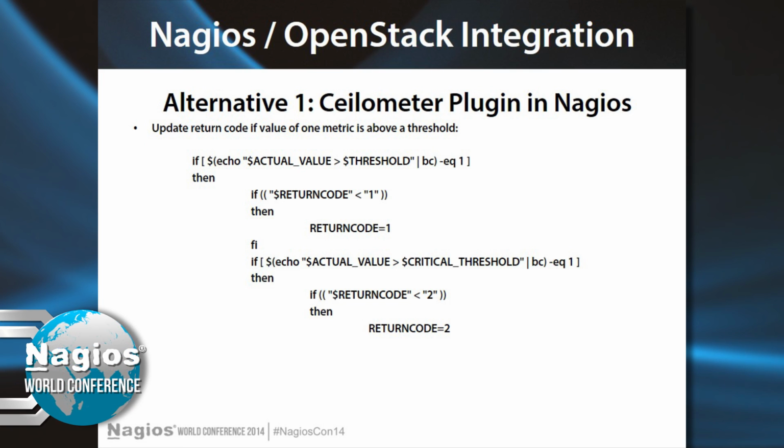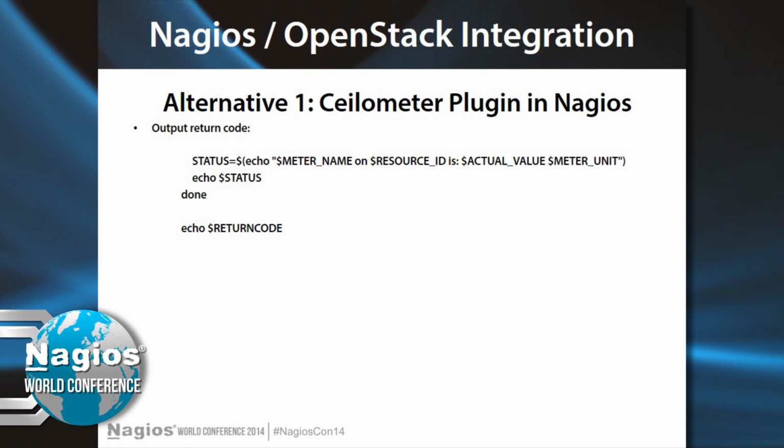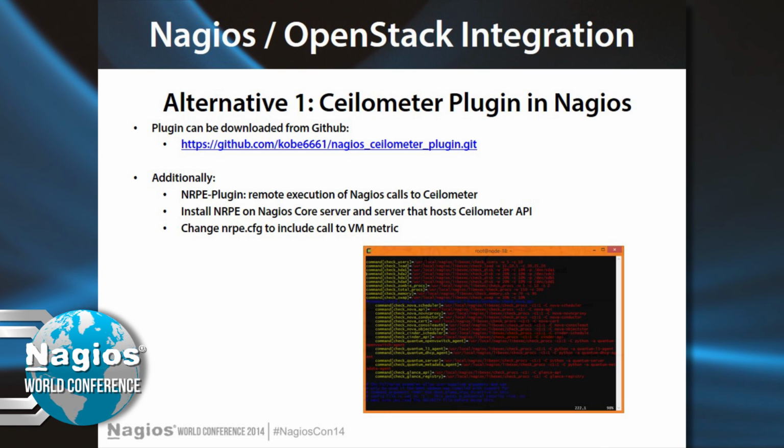Return code 1 means there's a warning. Return code 2 means there's a critical warning. You should alert something. You just feed that data into Nagios, and Nagios will register that, and output that return code. The plugin can also be downloaded from GitHub. I have published it on GitHub.